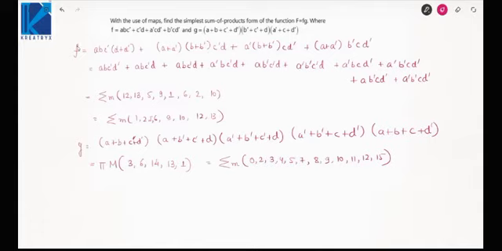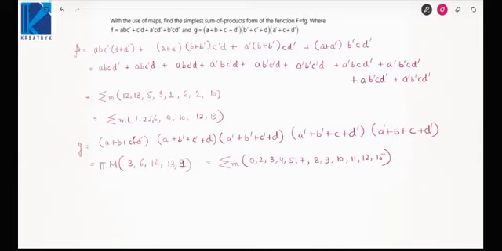It was actually A bar plus B bar plus C. This one should be A bar plus B. So the last term should be 1 0 0 1, 1 0 0 1 means 9.